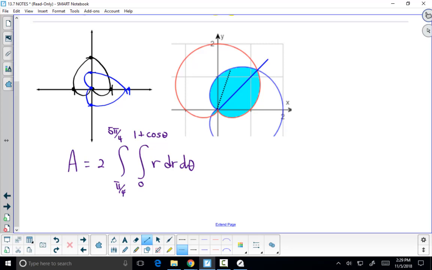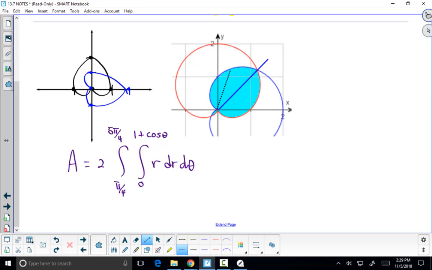Just like with spherical, a lot of times you're emanating from the origin and dealing with a cone. Your inner surface is rho equals 0, and your outer surface is a sphere, or whatever it is. Same with polar. R equals 0 is that dot, and you're coming out to the outer curve.